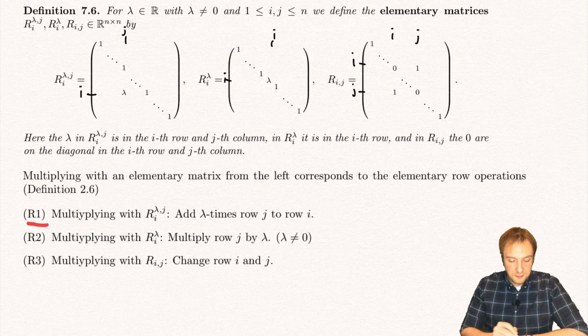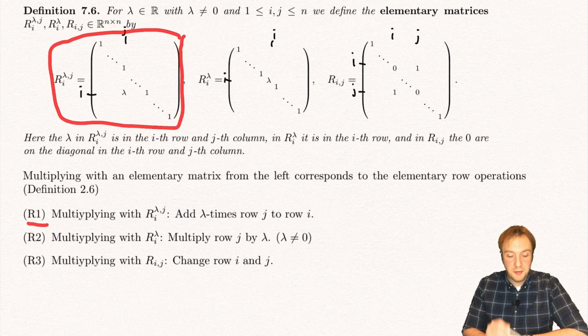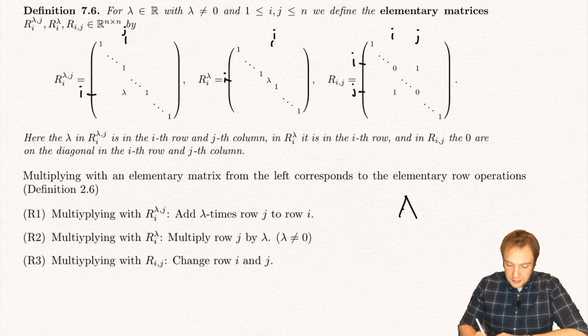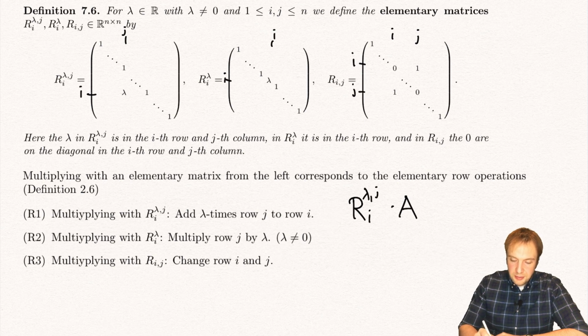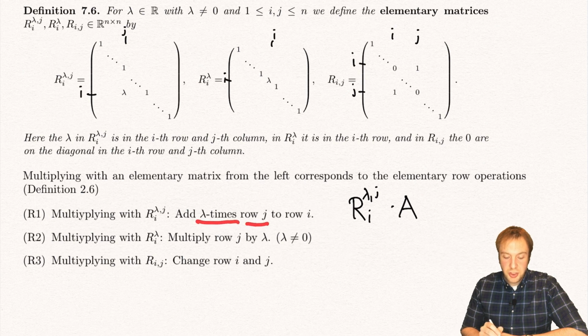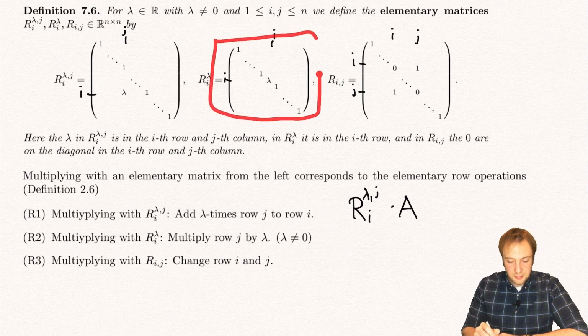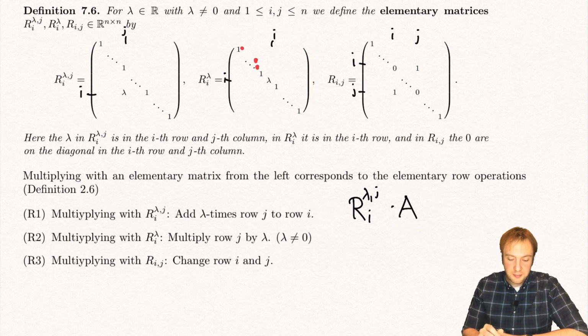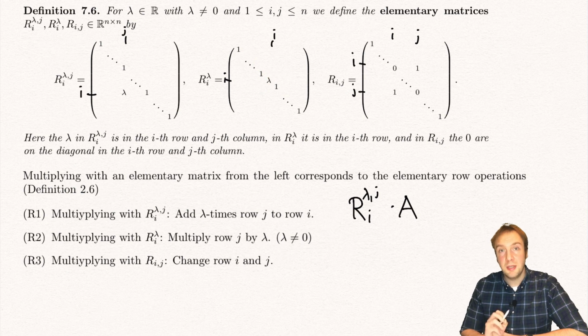So the first statement is that if I have a matrix A and I multiply it from the left with R lambda J I, then this product of these two matrices is exactly the matrix I get by adding lambda times the row J to the row I in the matrix A. And similarly, if I multiply this matrix with a matrix A, everything stays the same except in row I I multiply with this number lambda.